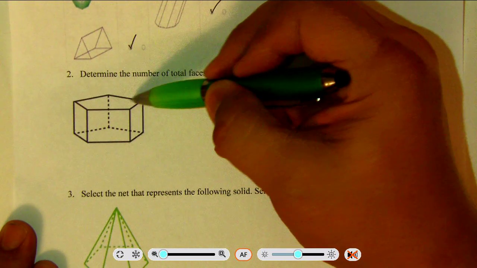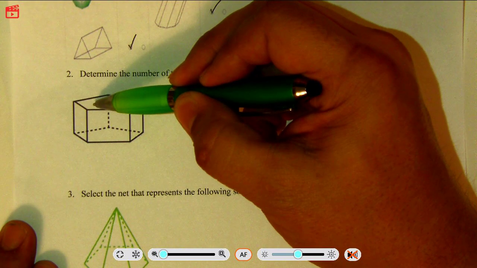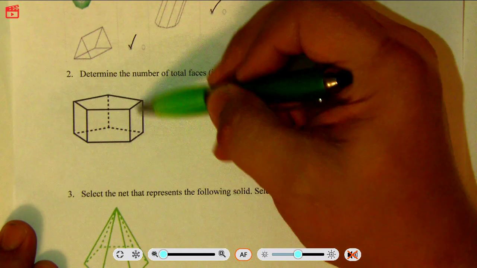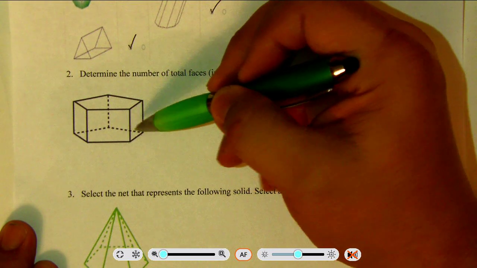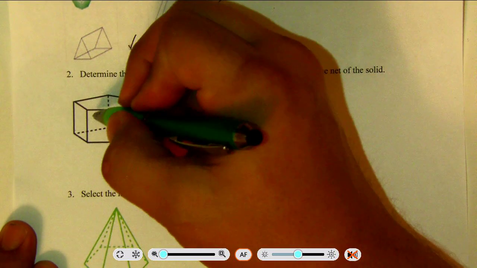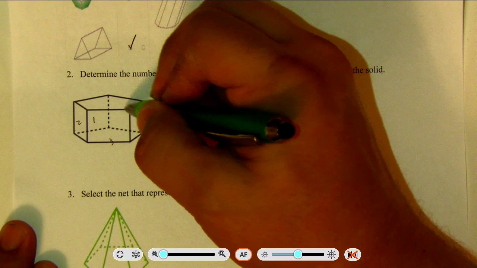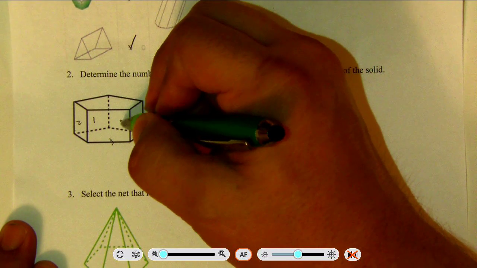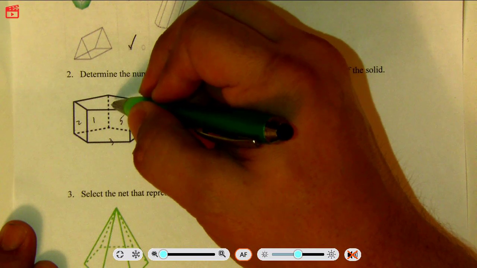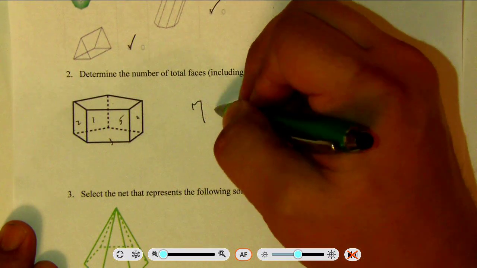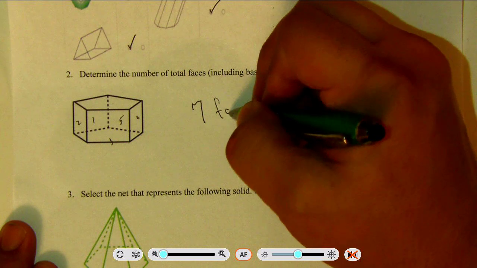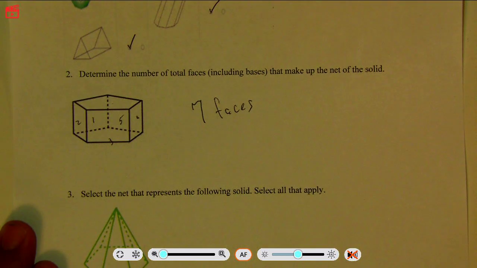But because the base is a pentagon, I need 5 sides around the outside. So this would be 1, 2, the one up front, 3, 4, and 5 in the back, plus top and bottom. So this has 7 faces or 7 sides.